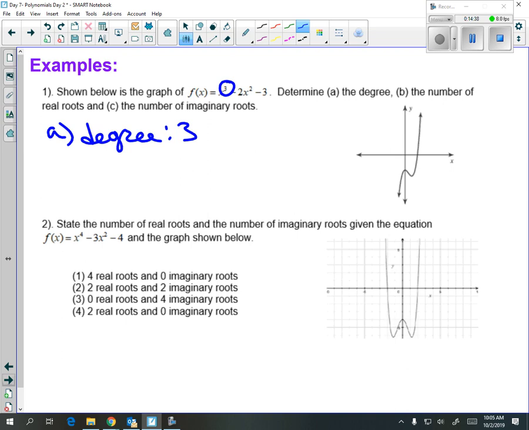So that means there's going to be 3 total roots, or sorry, 3 total solutions. My graph has 1 x-intercept. It's one x-intercept with a multiplicity of 1. So that solution happens one time, which means there is only one real root.